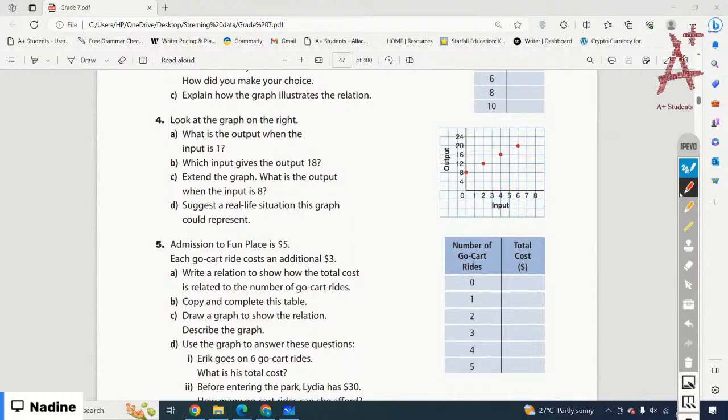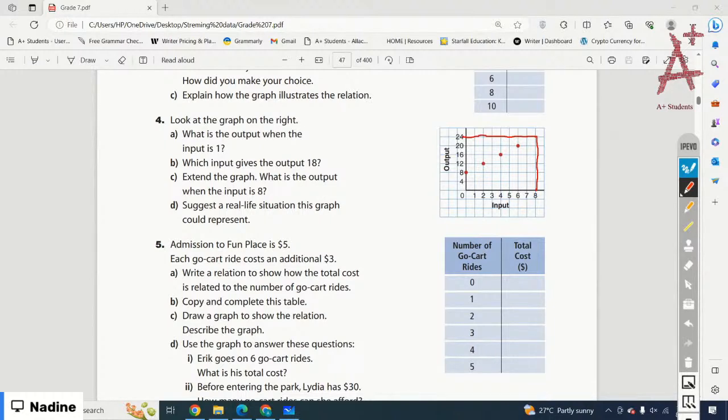Okay, the next one is extend the graph. What is the output when input is 8? Just extend the graph. Start from 8, and when input is 8, output is 24, right?